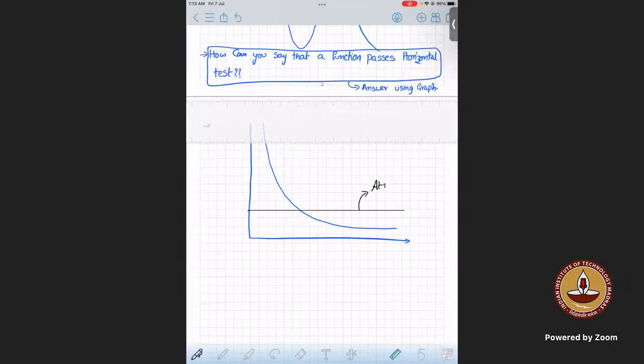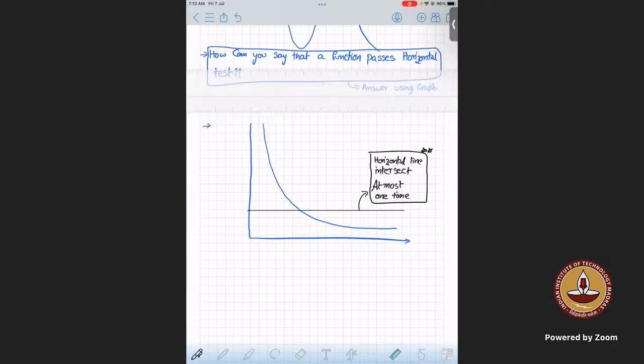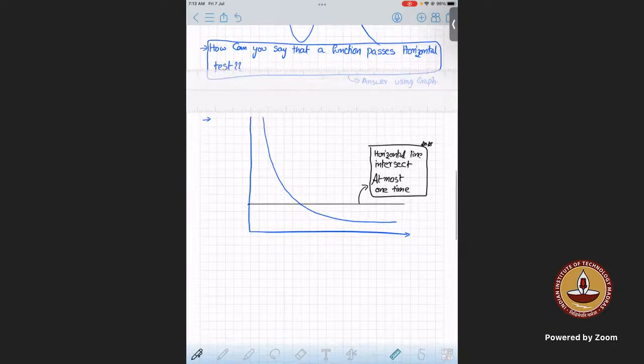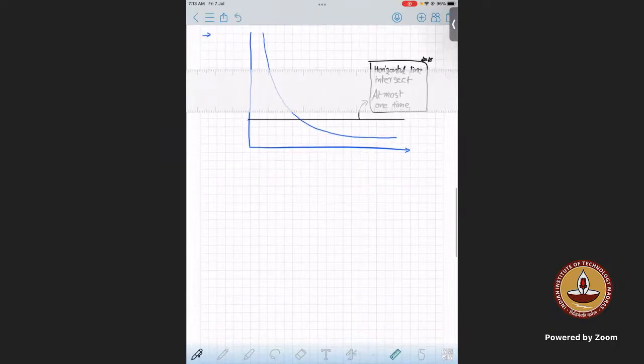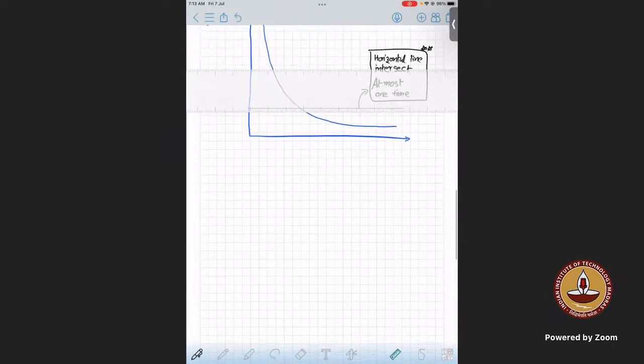The horizontal line intersects at most one time. Okay, remember this carefully. Clear? Yes, sir. Now listen to this very carefully. I am drawing three graphs.